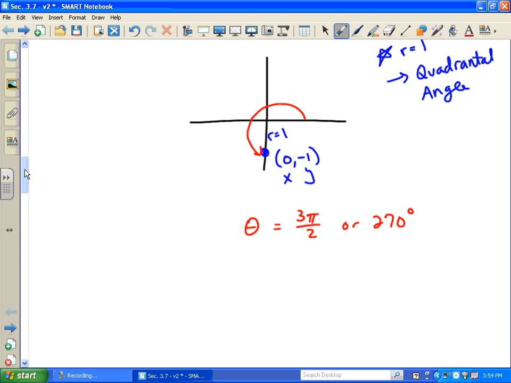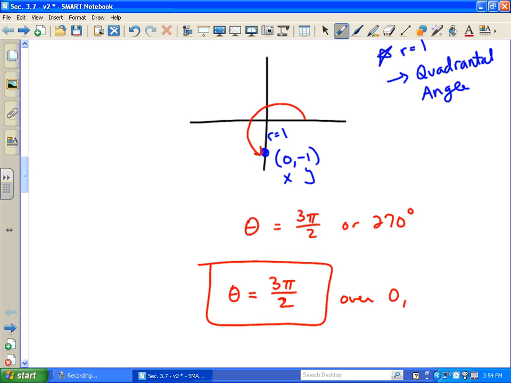Okay, this problem asked me to solve it from 0 to 2 pi, and so I know that the proper answer would be theta equals 3 pi over 2. And this was over 0 to 2 pi.